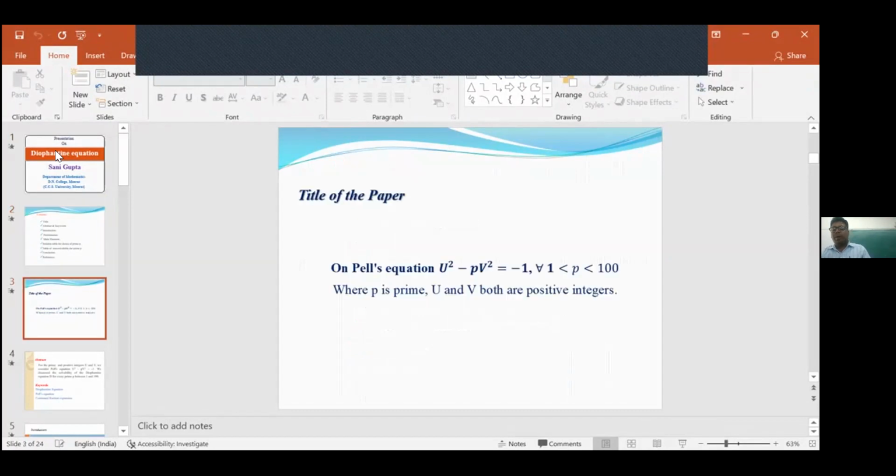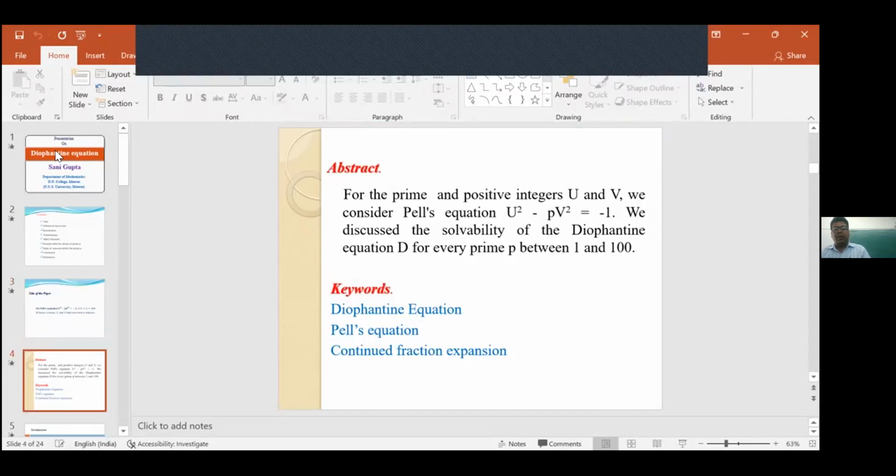The title of my presentation is On the Pell equation u^2 - p v^2 = -1 for all primes p between 1 and 100, where p is prime and u and v are both positive integers. The abstract: for prime p and positive integers u and v, we consider the Pell equation u^2 - p v^2 = -1.